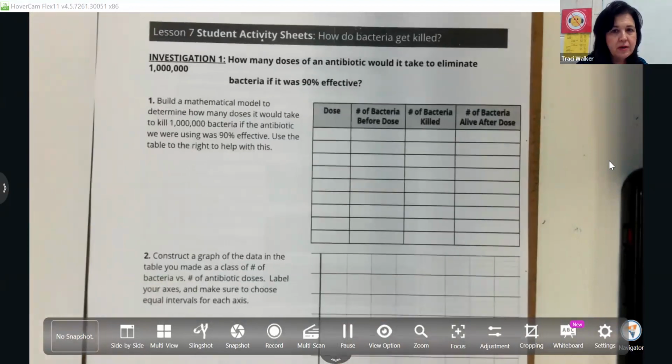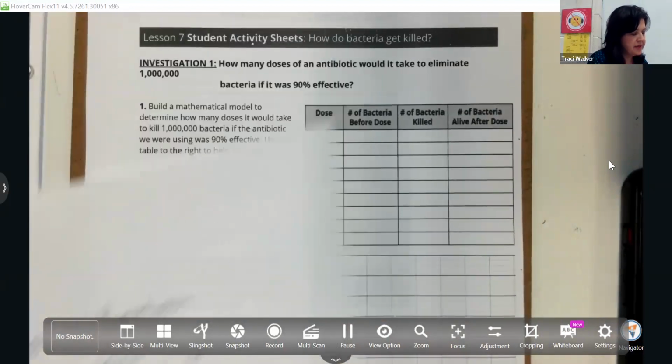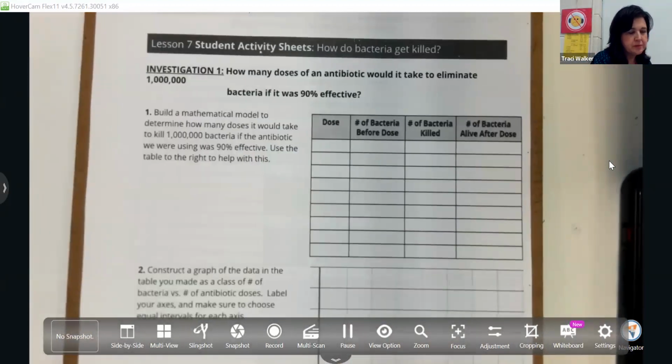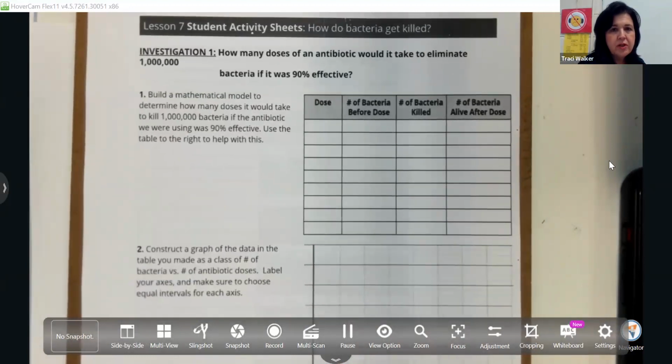Okay, so if you look at this chart, we're going to do another model to determine how many doses of antibiotics you would need to take if you had 1 million bacteria cells in your body. Okay, we're keeping the numbers even to make it easier.